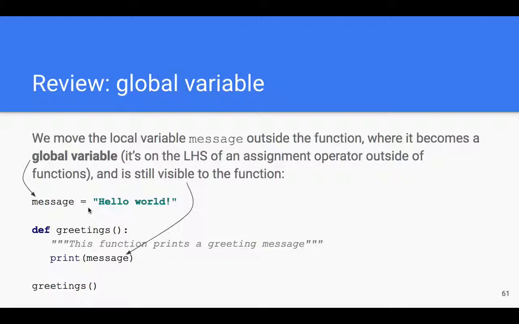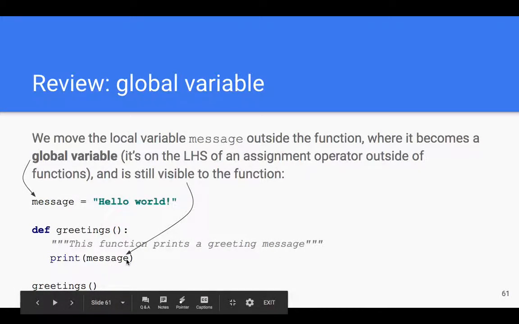A global variable is visible pretty much everywhere, which implies it's visible inside the function as well, right? So we'll create a global variable called message here outside the function. You can use that same variable inside the function.